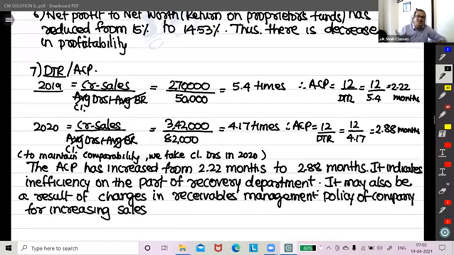Someshwar, why are you taking COVID's name early morning? He's saying because of COVID. Arey yaar.